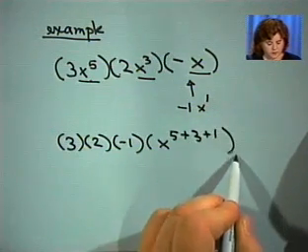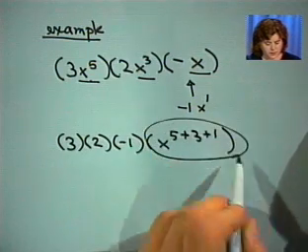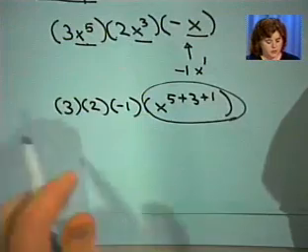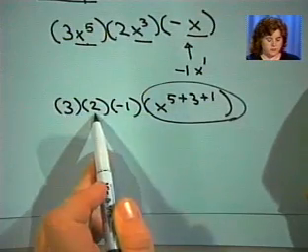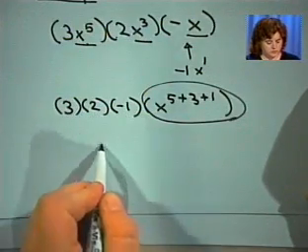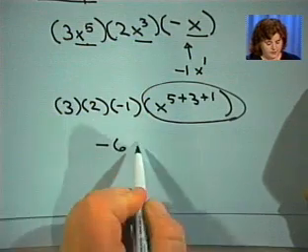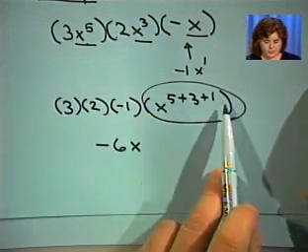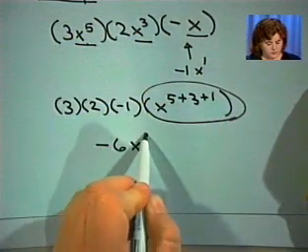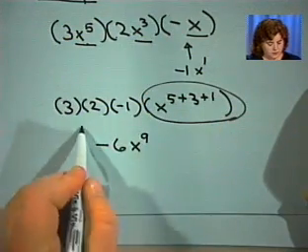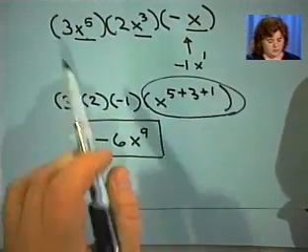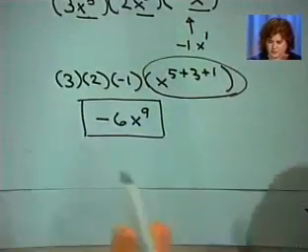And it's this piece here where we have applied our product rule. What we have then is 3 times 2 times negative 1, which is just a negative 6. And x is to the power 8 plus 1, which is 9. This is a much simpler way of writing that product that we started with. And that is our final answer.